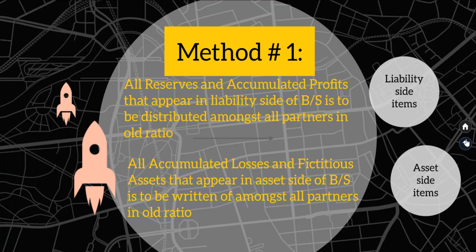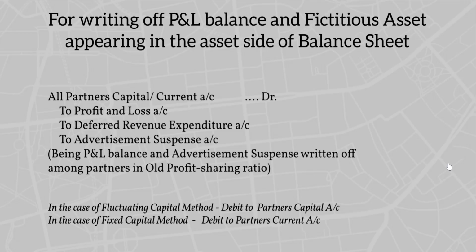The accumulated losses and fictitious assets that appear in the asset side of the balance sheet have to be written off amongst all the partners in old profit sharing ratio. So the journal entry for writing off the P&L balance and fictitious asset appearing in the asset side of the balance sheet is that all the partners' capital or current accounts will be debited, and we will credit the P&L balance appearing in the asset side of the balance sheet, and also any other deferred revenue expenditures such as advertisement suspense.